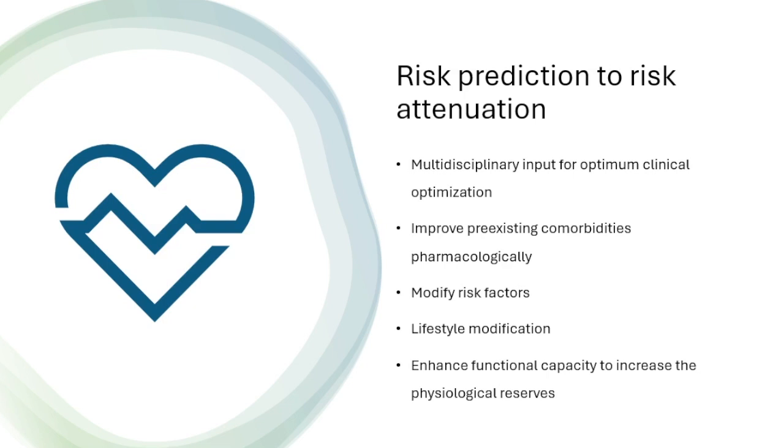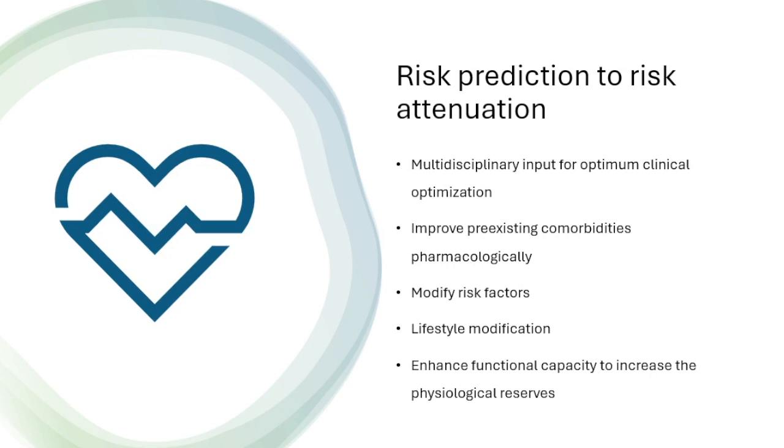And the other important thing is to enhance functional capacity to increase the physiological reserve. I told you at the outset, post-operatively we have to get the patient back to their normal living activities as soon as possible without taking many months, especially in major surgery.